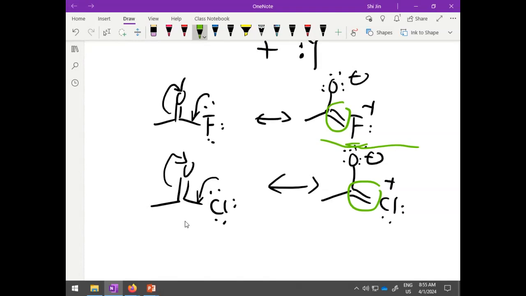We looked at the halobenzenes and their reactivity in electrophilic aromatic substitution. Fluorobenzene is actually more reactive than chlorobenzene, for the same reason, because fluorine can donate its lone pair to the benzene ring better than chlorine.